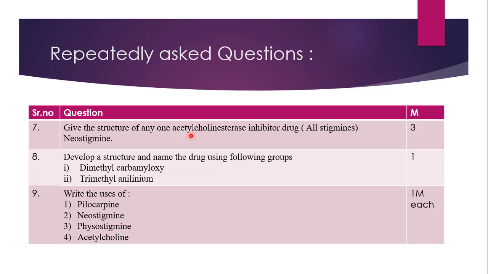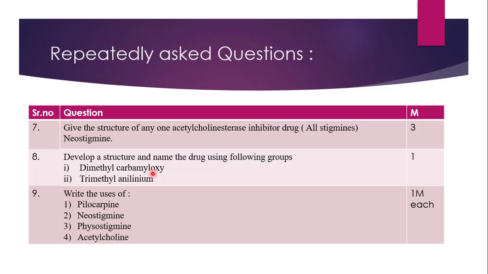the complete question is also asked on neostigmine. Then the next question is, develop a structure and name the drug using the following groups. Here we are supposed to first identify the structure. We are supposed to draw the structure. What are the features we will see? The first is dimethyl carbamyl oxy, and the second is trimethyl alaninium.